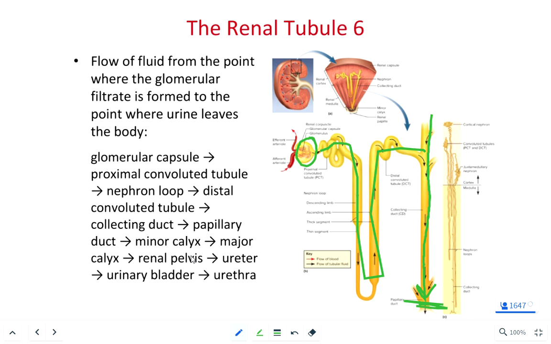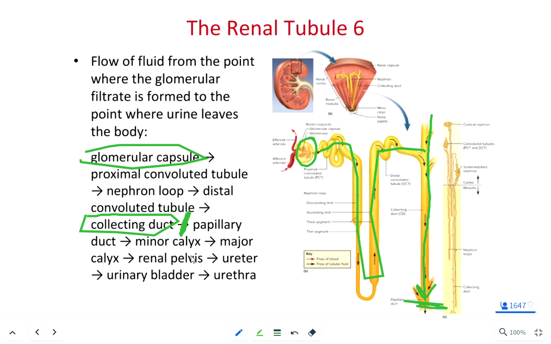Sorry, I misspoke there. So as we're looking at the path of filtrate flow, this filtrate starts at the glomerular capsule and will eventually go to the collecting duct. After the collecting duct, draw a little line right there, it's no longer filtrate. We're now going to rename the liquid urine. And from that collecting duct, we go to the papillary ducts, to the minor calyces, major calyces, ureters, urinary bladder, and urethra.